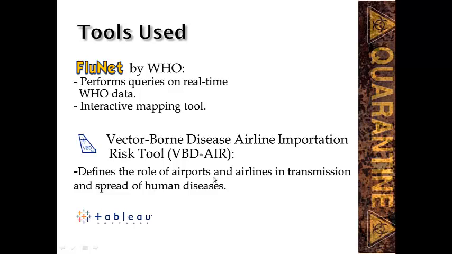It defines the role of airports and airlines in transmission and spread of human disease. It combines multiple geospatial datasets to inform on the relative risk between differing airports, flight routes, time of year, diseases, and their vectors, in promoting the movement of passengers infected by vector-borne diseases and the vectors that spread them. And the tool which I have used for visualization is Tableau.